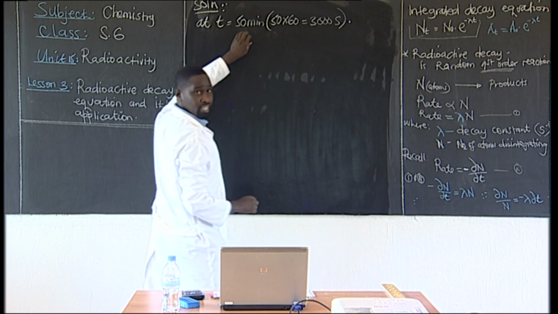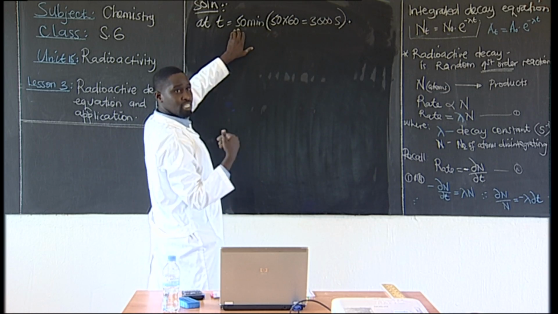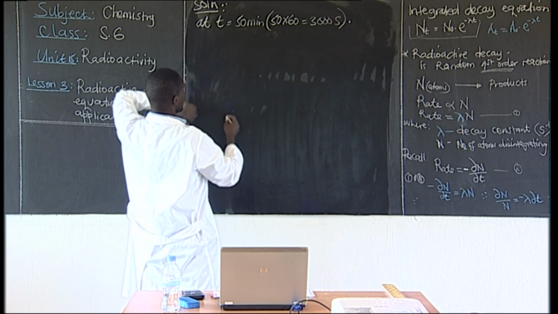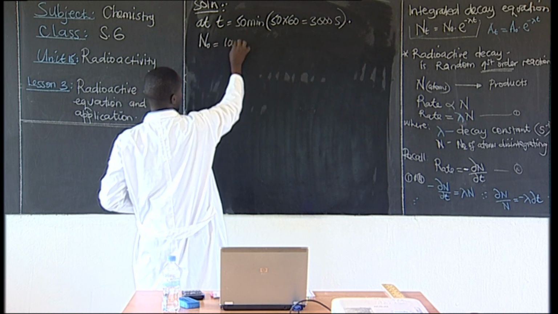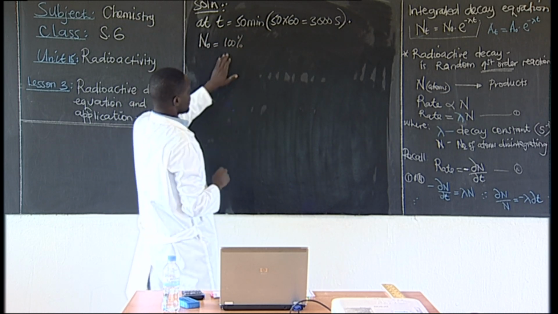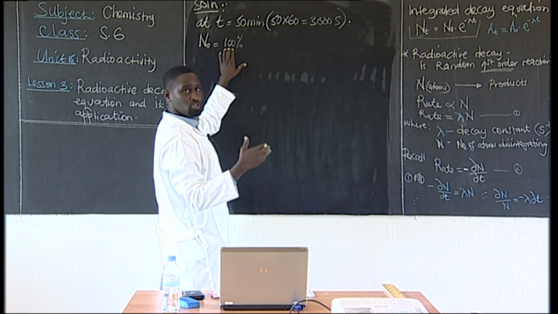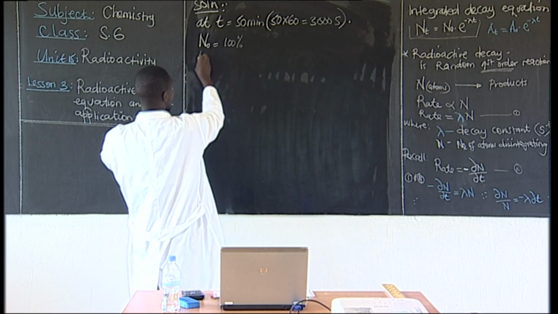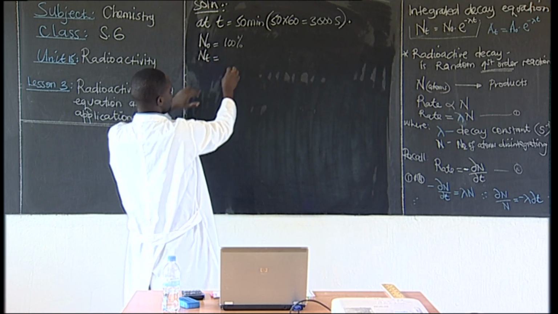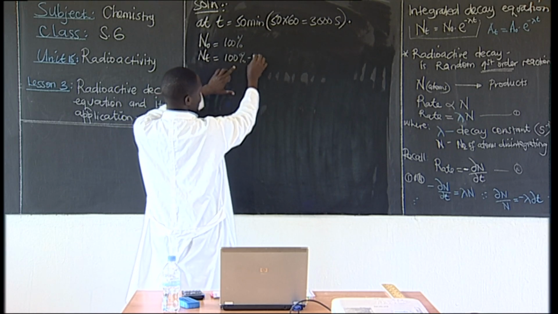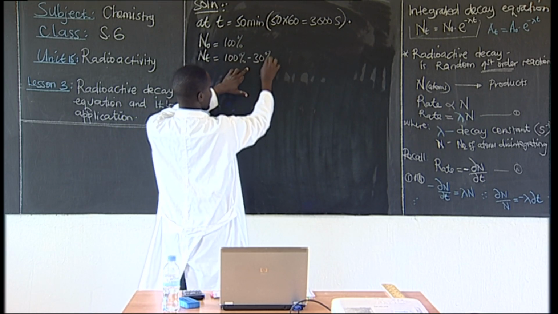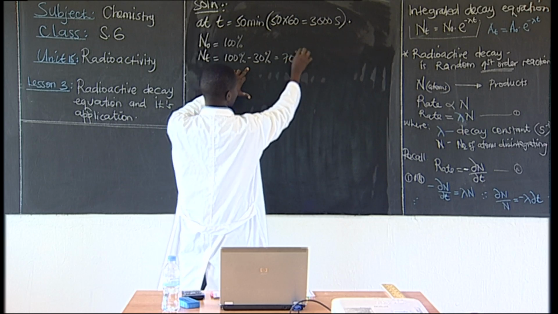So they're saying it was found to be 30% complete at the end of this, indicating our N naught will be 100%, since it is in terms of percentages. And NT will be 100% minus 30%, which is giving us 70.